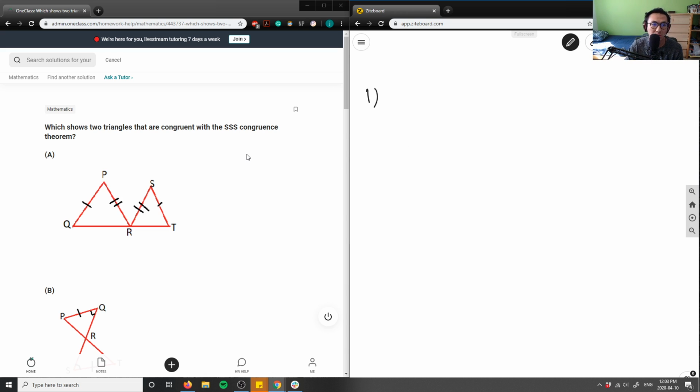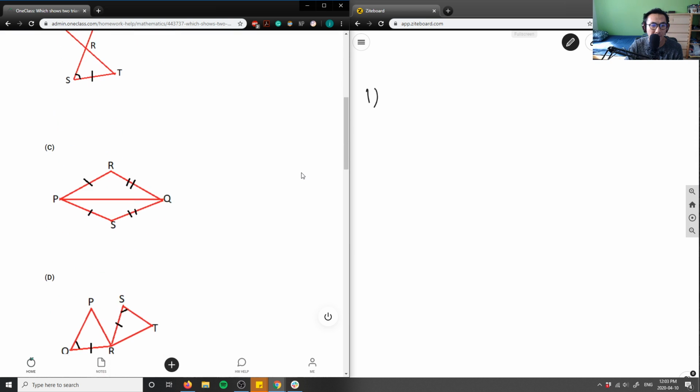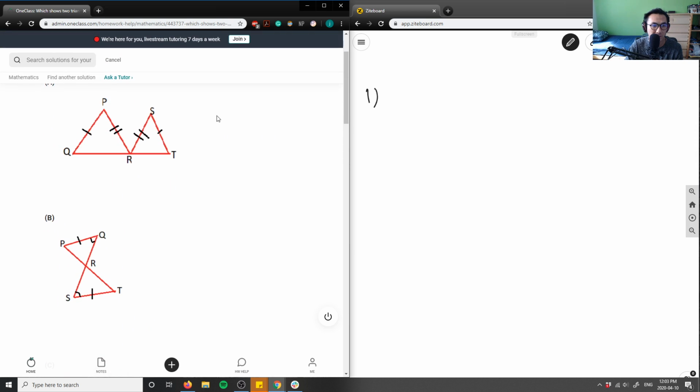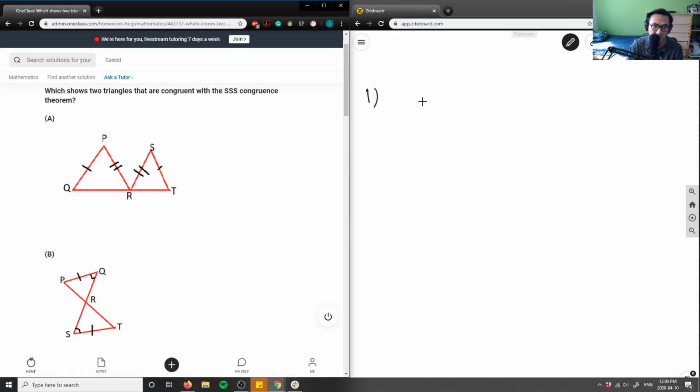It says, which shows two triangles that are congruent with the SSS congruence theorem. I have four triangles here, so I'll show you the first two and then the second two as well.